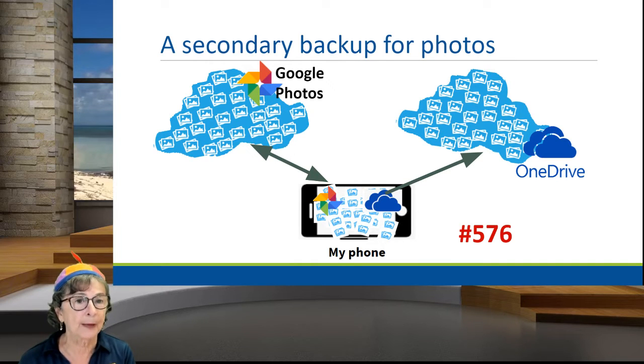They get backed up to Google Photos, but if I then delete them off my phone, I only have 1 copy. And that's not a backup. I want 2 copies. So if they get backed up to Google Photos and they get backed up to OneDrive, now I feel comfortable deleting them from my phone, knowing that I have 2 copies.